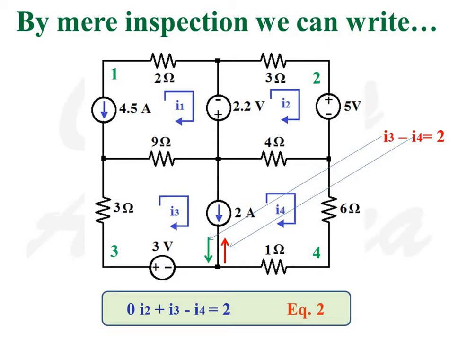By inspection, we can write I3 minus I4 is equal to 2. Therefore, we will get the final equation as 0I2 plus I3 minus I4 is equal to 2, equation number 2.